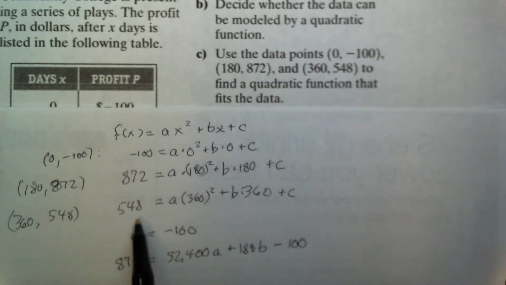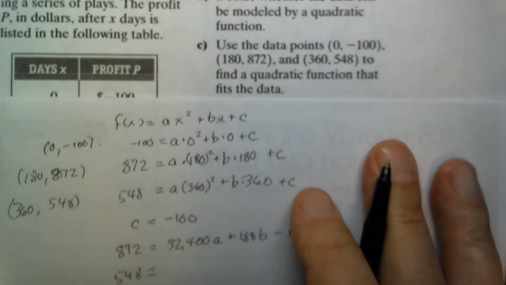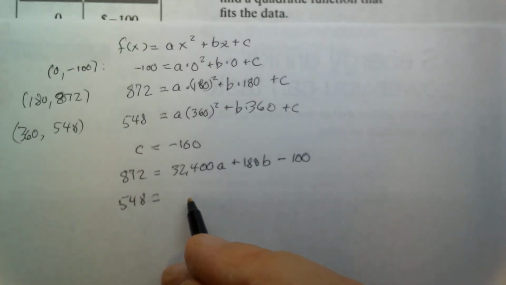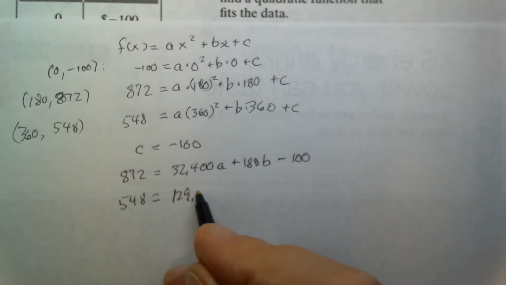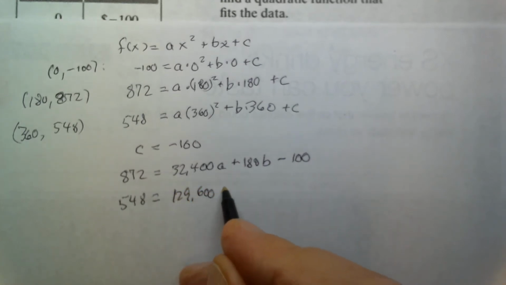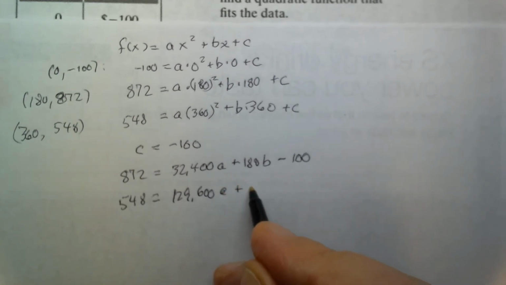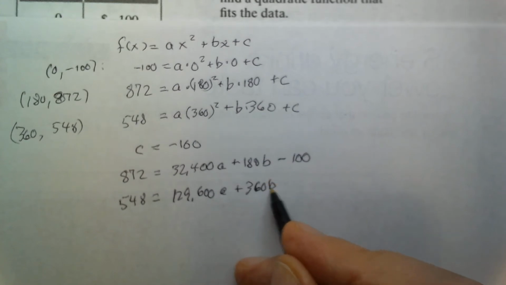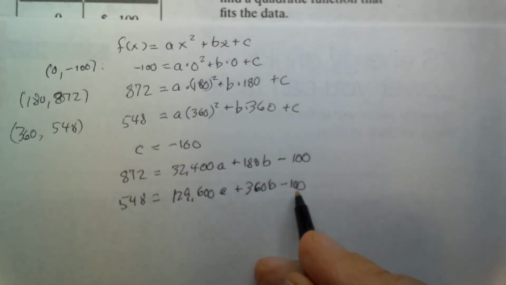And then the third equation is 548 equals 129,600 A plus 360 B minus 100.